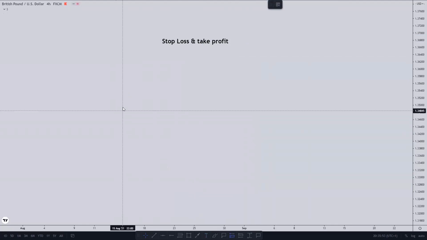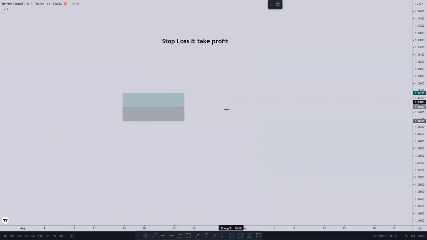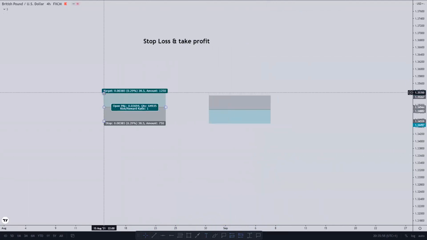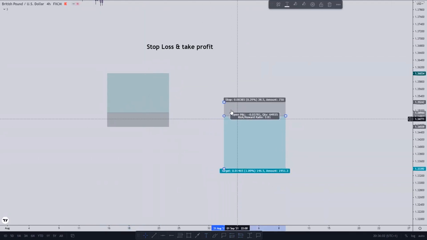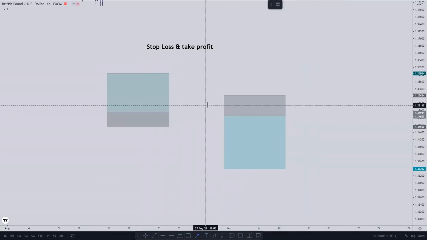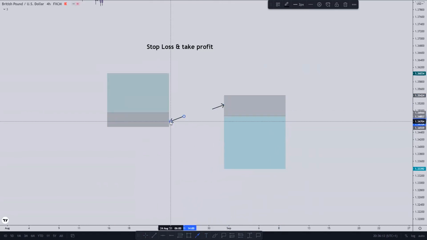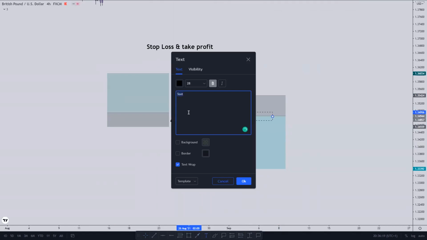So when you come to the market, this is going to be a buy, this is going to be a sell, right? The gray area, which is this one, this is your stop loss, right?